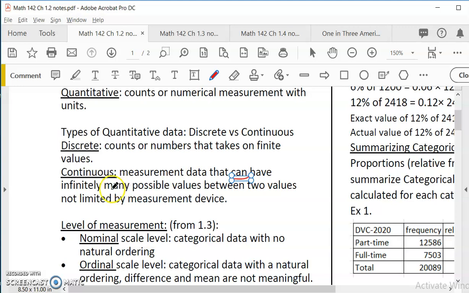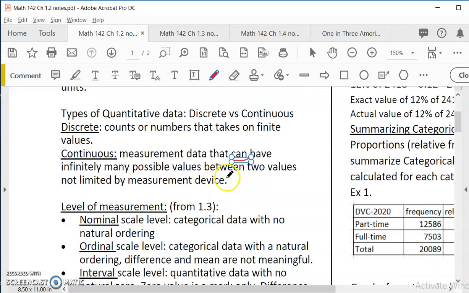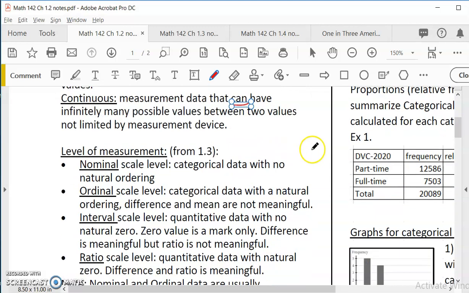It still seems finite, but presumably you could have any number in between, like 15.123. It's just that for convenience, employers usually give whole numbers or a nice number. So wage per hour is continuous data.